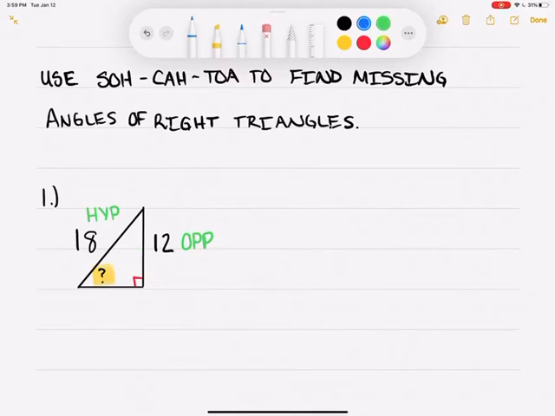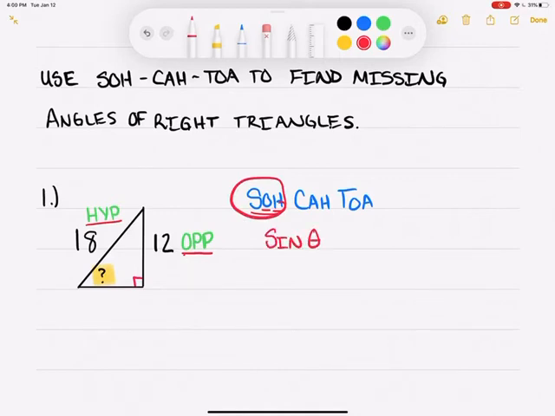Looking at SOH-CAH-TOA, I can see that I'm definitely going to have to use SOH, because I have an opposite and a hypotenuse. Opposite, hypotenuse. So I have to use SOH. So the sine of my angle theta should equal the opposite, which is 12, over the hypotenuse, which is 18.